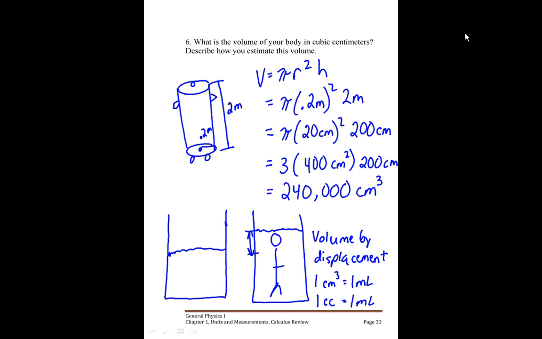So depending upon the amount of water that you displace when you go into a container, that is your volume. So according to our estimate, the volume would be 240,000 milliliters, or 240 liters, as the total volume of our body.